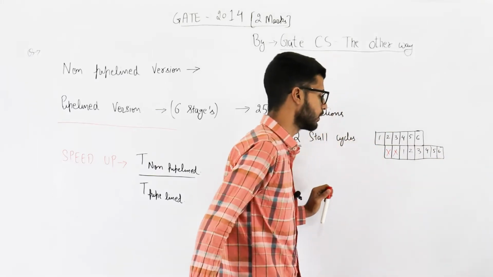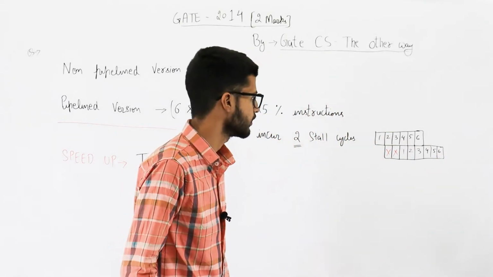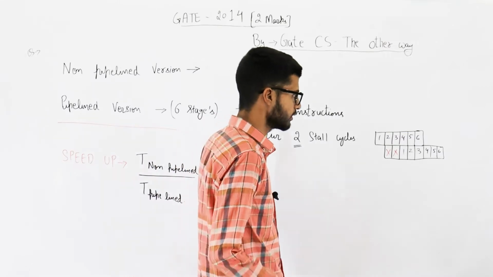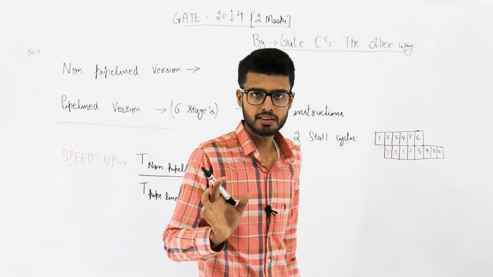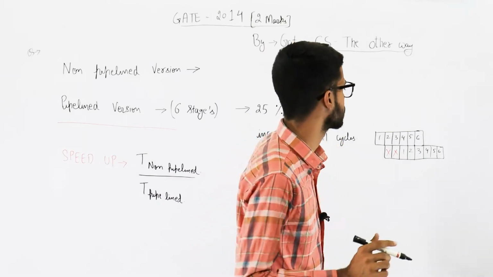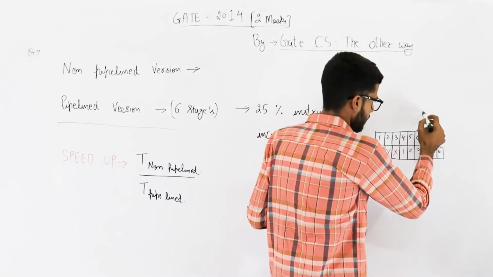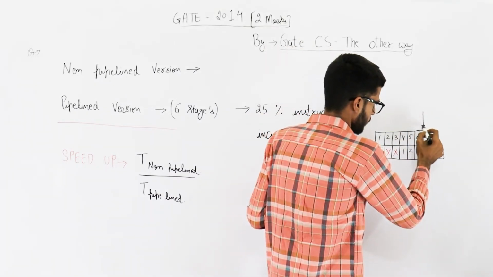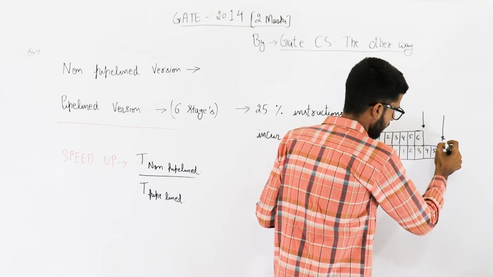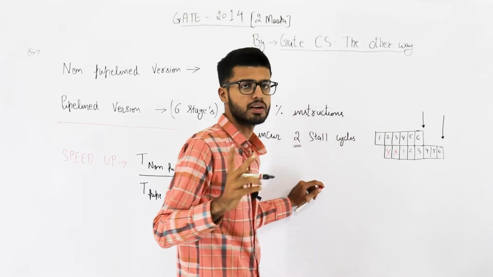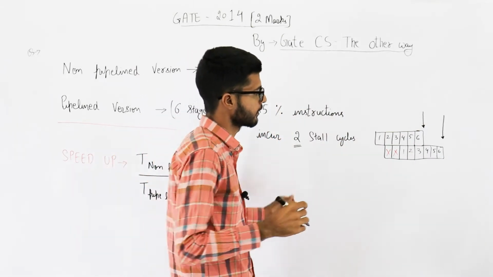Okay, now you just try to calculate the effective CPI. CPI means clocks per instruction. On average, one instruction requires how many clocks? So that is the number of clock cycles between the execution of 2 continuous instructions.